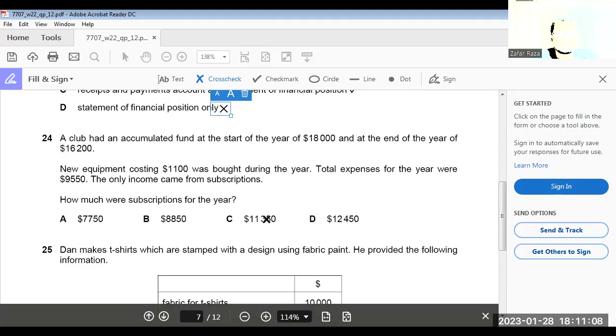Now, accumulated fund at the start of the year 18,000. 18,000 plus 1,100, it is increased by the new equipment. Minus 9,500. Total expenses of the year 9,600. Minus 16,200.